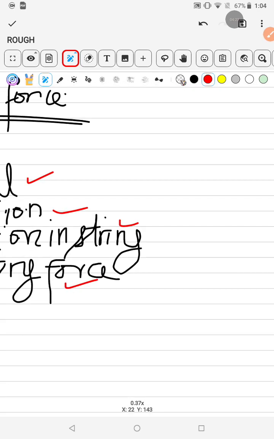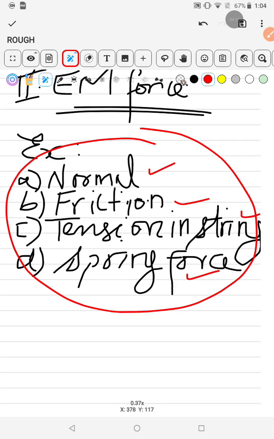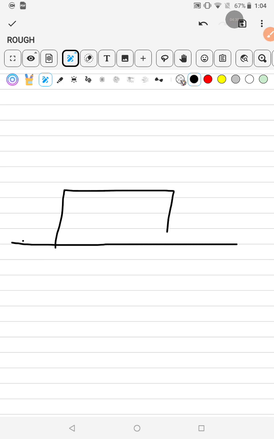So let's start from the normal force. But before that, let me introduce how these forces are formed. Let me take an example. This is the ground, and here I'm keeping a block.